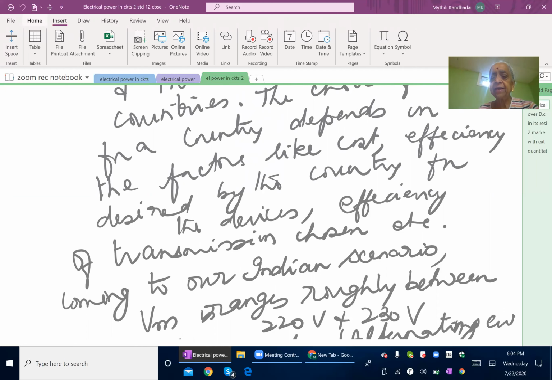That way, the transmission efficiency will be very small and very poor if most of the energy is lost in the transmission. Whereas in any setup where the transmission loss is minimized and the balance energy fed to the device is maximized, then it is said to be efficient in transmission.